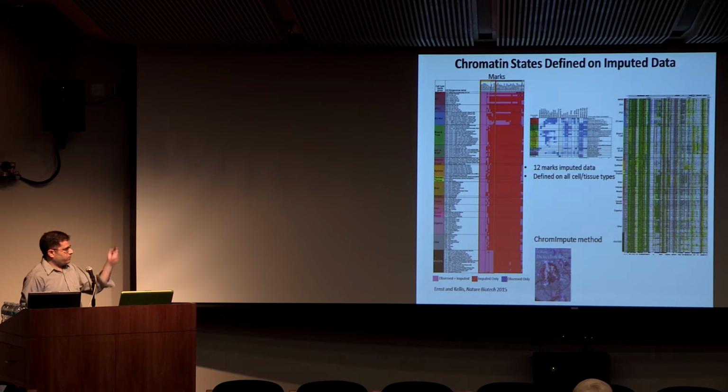So I leveraged both types of information and then imputed every experiment you're seeing here. And then we learned a chromatin state model based on the 12 marks that we were most confident in imputation, based on being seen in enough other samples, and defined a 25-state chromatin state model. This is showing you that annotation at one specific location.